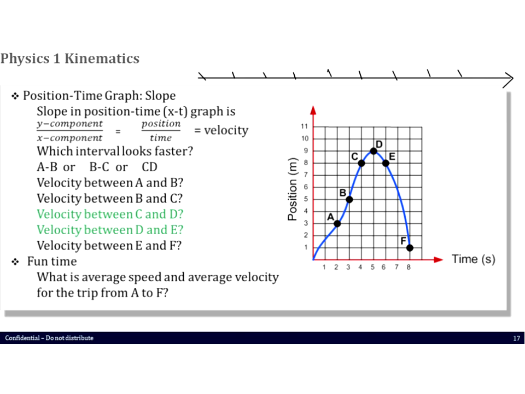At 2 seconds, the person is at point A over here, because A is 3 meters. At 3 seconds, the person is at 5. At 4 seconds, the person is at 8. At 5 seconds, the person is at 9 over here.